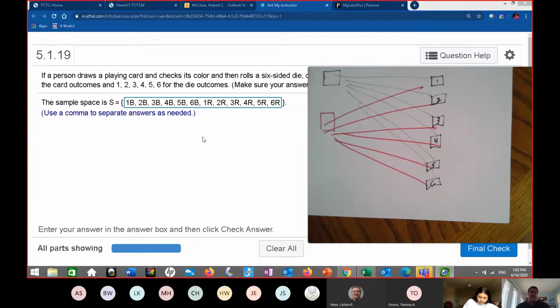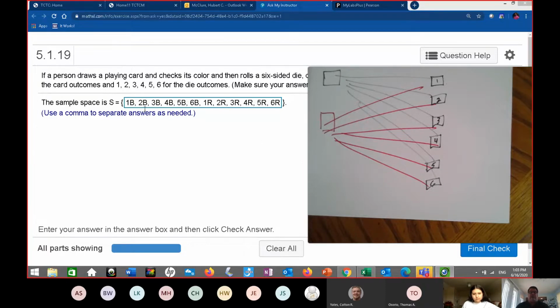And yes, you could say red 1, red 2, red 3, red 4. If this did find its way on my test, which I doubt, and you put in R1, R2, and it was marked wrong, I would mark it right because that's not a big deal.